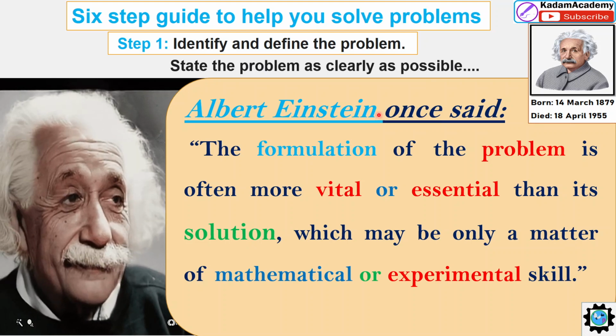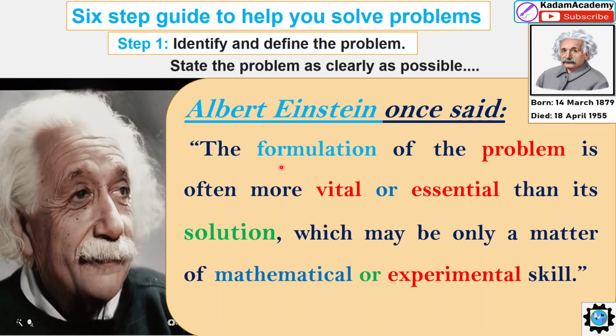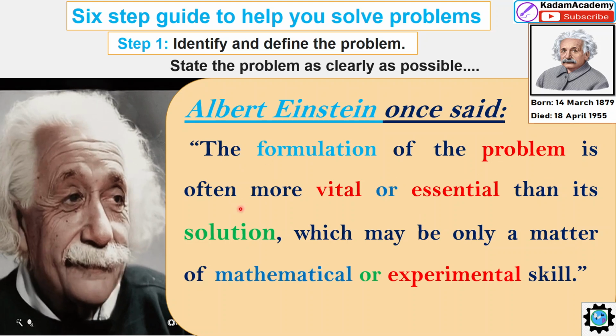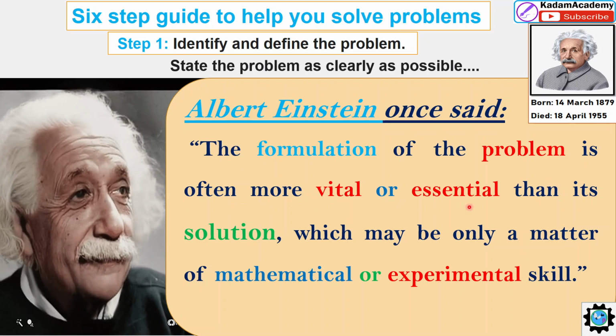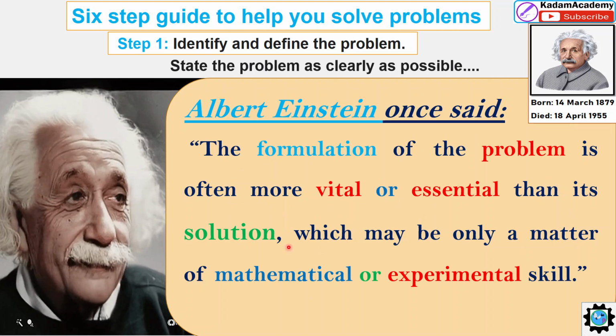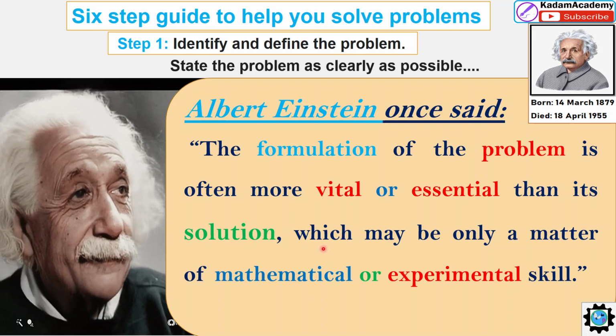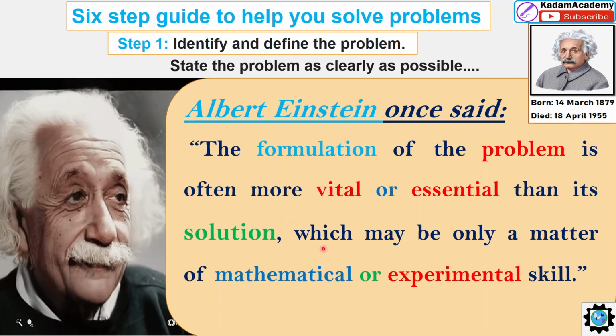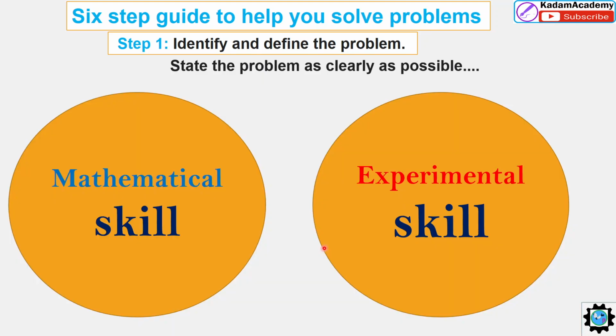Albert Einstein once said that the formulation of a problem is often more vital or essential than its solution, which may be only a matter of mathematical or experimental skill. Dear friends, identifying the problem is the first step in solving it.